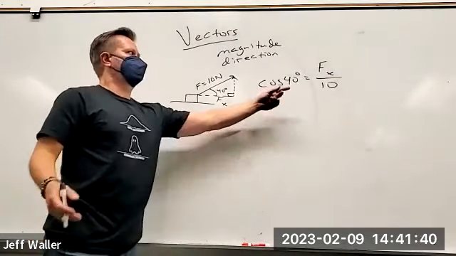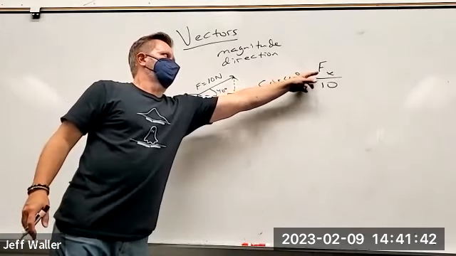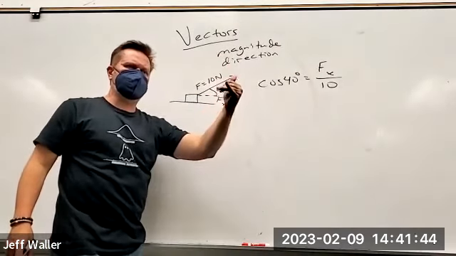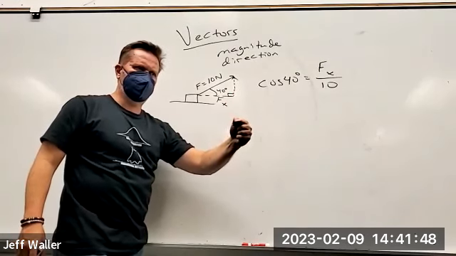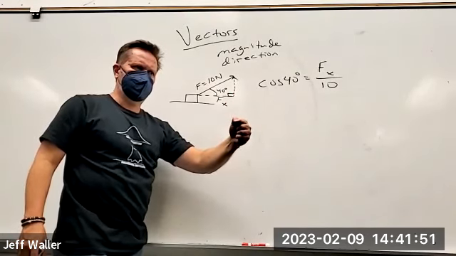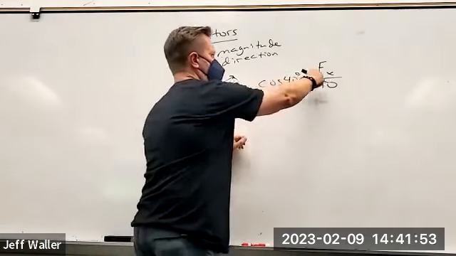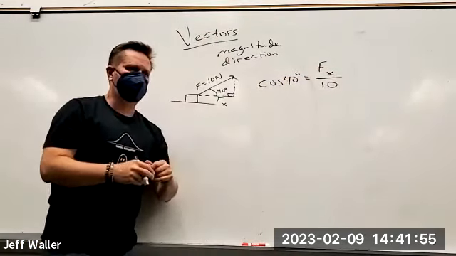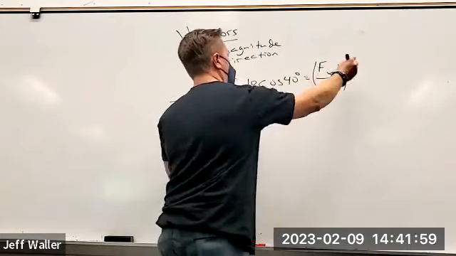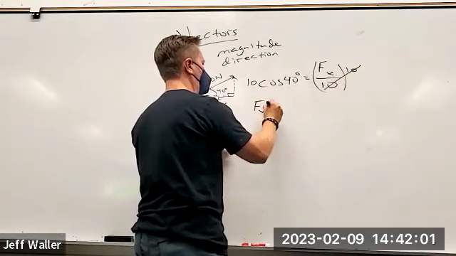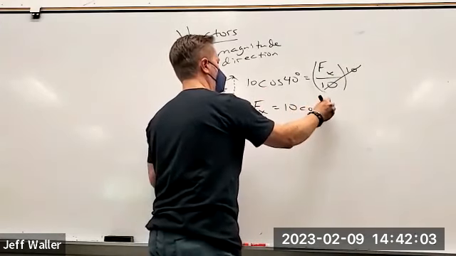Can you solve that for Fx? What would you do to solve that for Fx? How would you solve that? Yeah, you would multiply both sides by 10, right? Bam. So the x piece of the force is 10 cosine 40 degrees.